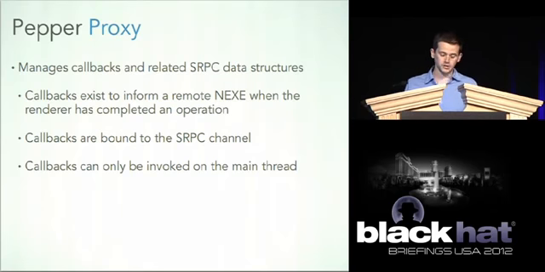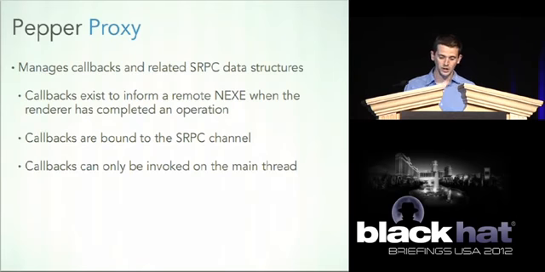And then it returns. Well, obviously, we have to track some data when that happens. We have to remember what SRPC channel that call came in on, so that when PPAPI is finished crunching the numbers for that audio, it can then call the untrusted Nexi module on that SRPC channel.